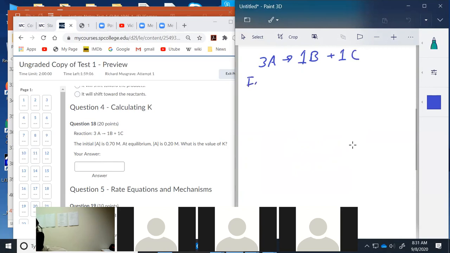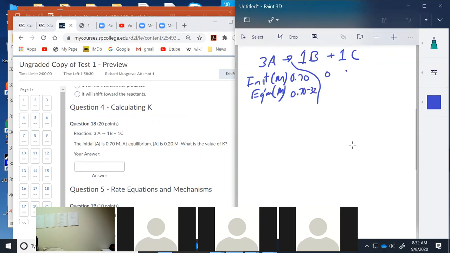Okay, so the initial, but I'll do this with the correct sig figs if I can. So 3A, sorry about that. Start again. 0.70, and the equilibrium would be 0.70 minus 3Z.